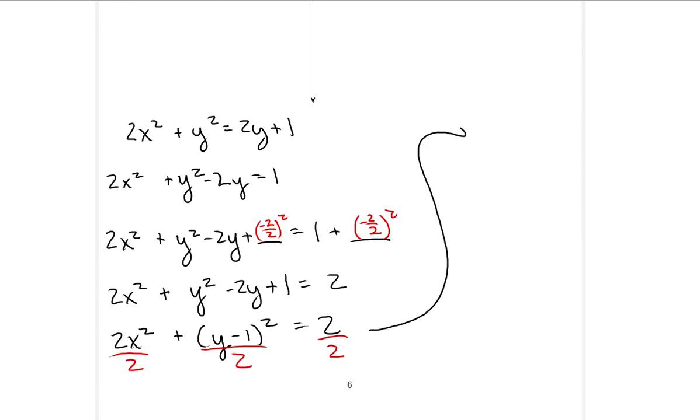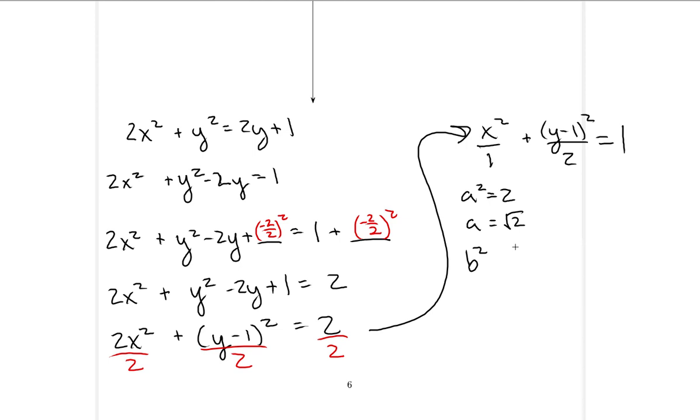So that gives us x squared plus (y minus 1) squared over 2 equals 1. So we can see here that a squared is 2, so that means a is the square root of 2. We can see b squared, well, there's nothing there, but of course there's really a 1 right there. So b squared equals 1, so that means b equals 1. And then we can see that c squared is a squared minus b squared, so 2 minus 1, which is 1.